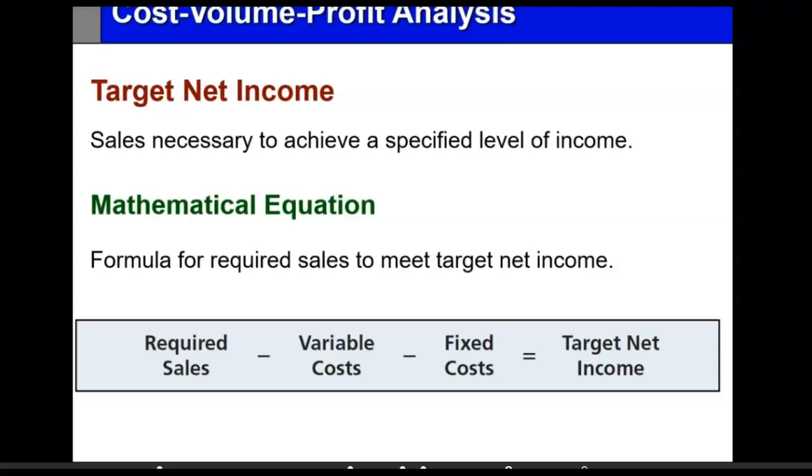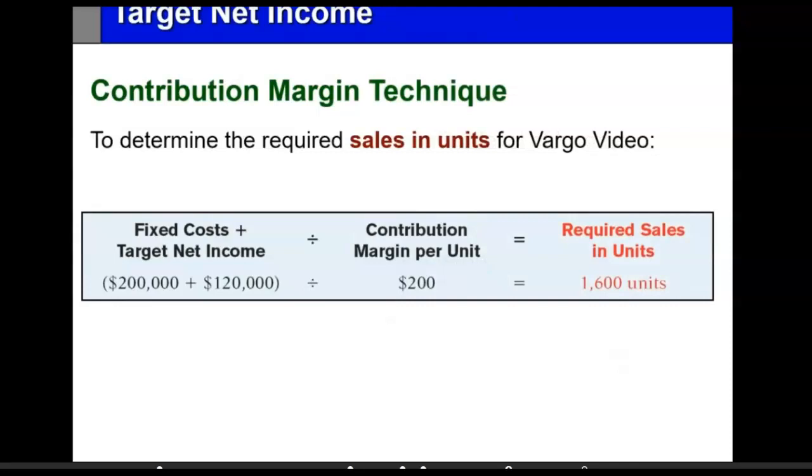What we do basically is required sales minus variable costs is the contribution margin, and we move the fixed costs over here: target net income plus fixed costs. So now to determine that level of sales, simply put, you add the target net income to the fixed costs and you divide by the contribution margin per unit if you want your answer in units, and that's 1,600 units.